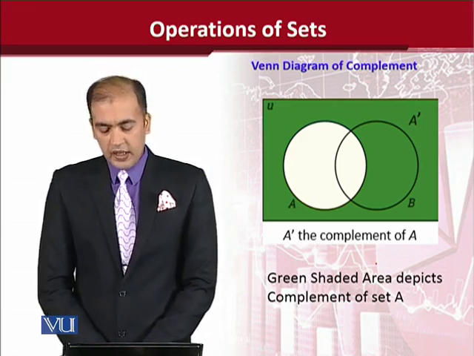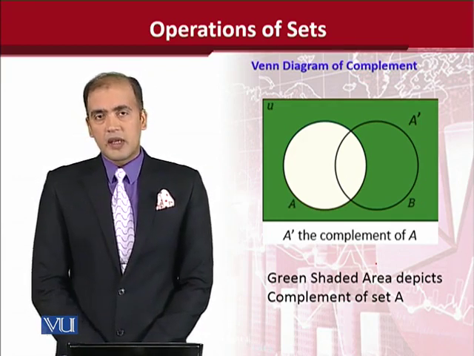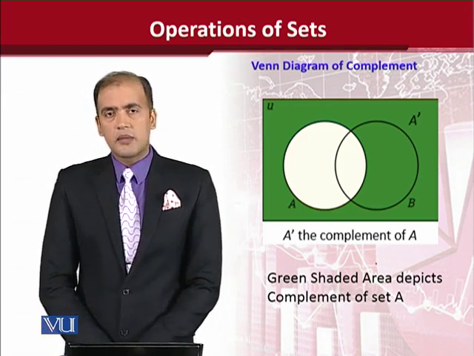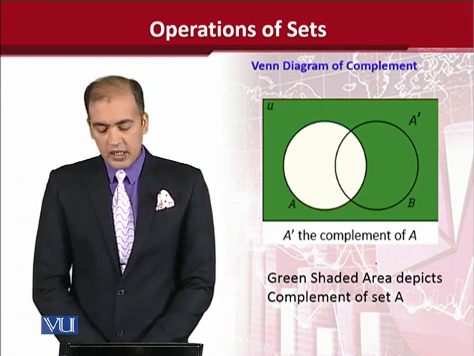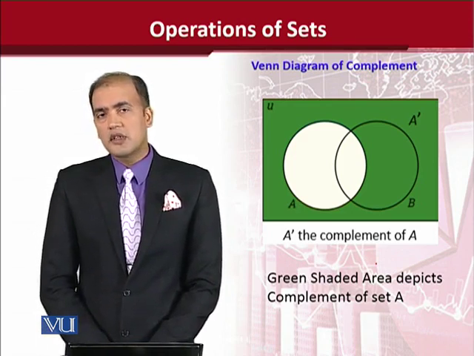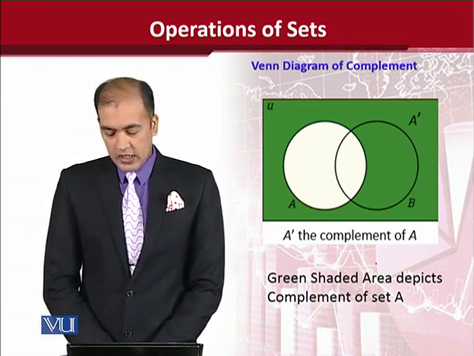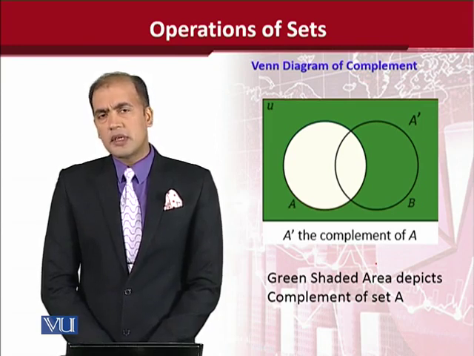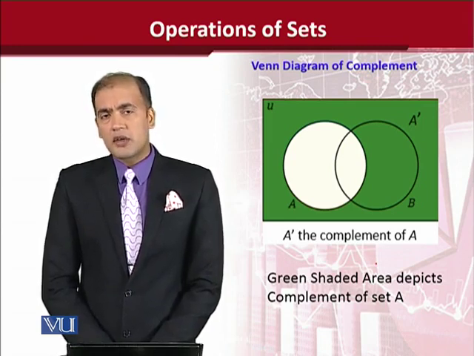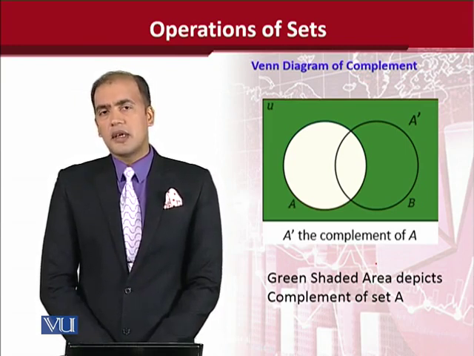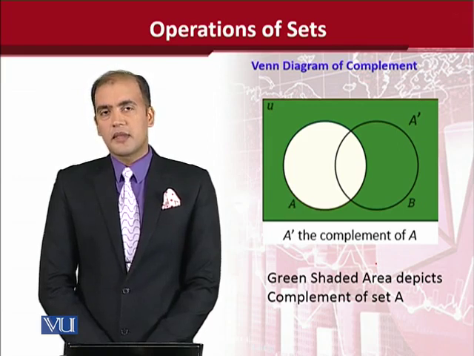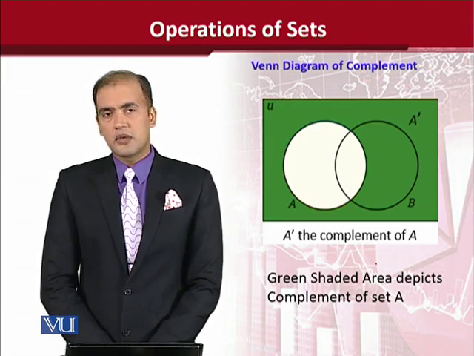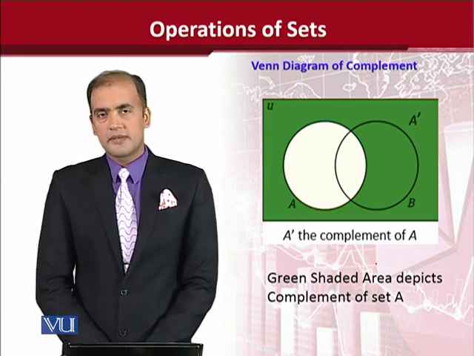However, it is there, but we are talking about A. When we exclude this A by making it white in this diagram, the remaining green area basically shows the A complement. That tells us that the A complement is the remaining part of the universal set after we deduct the set A from it. These were the various operations that we can do in set notation. Thank you.